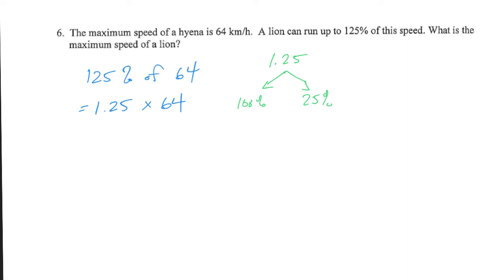So really what I have then is I have to run 100% of the speed of the hyena, so 64 kilometers an hour, plus 25% of that, and 25% is a quarter. So I need to run a quarter of 64. And if I take 64 and I divide it by 4, I get 16. That we should have come up with. Put on your units, and you're good.